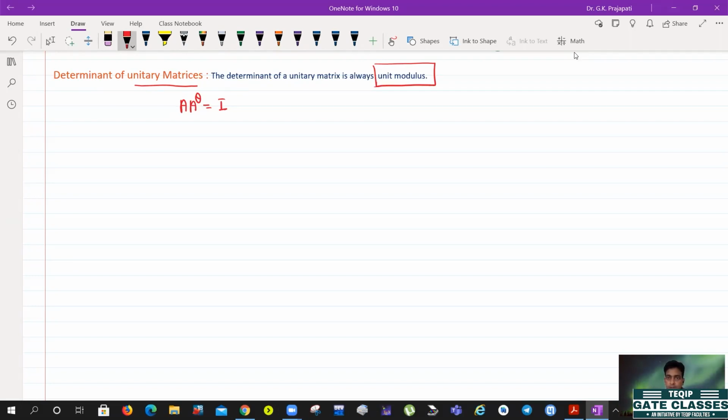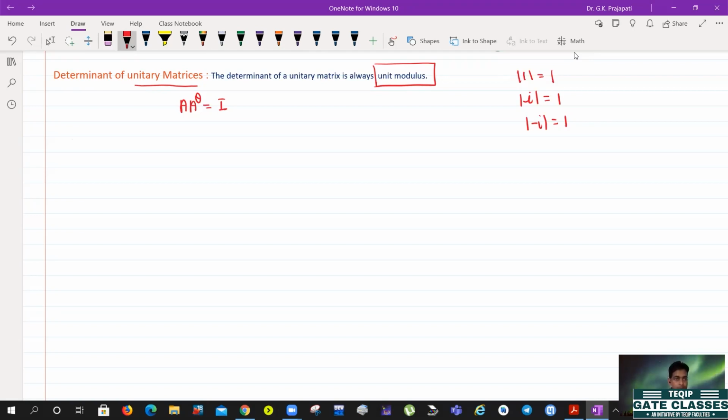Unit modulus means that when we take the modulus of 1, this is 1. When we take i, its modulus again will be 1. When we take the modulus of minus i, this will again be 1. Then 1, i, minus i, this is called unit modulus. So the determinant of a unitary matrix will always be of unit modulus.